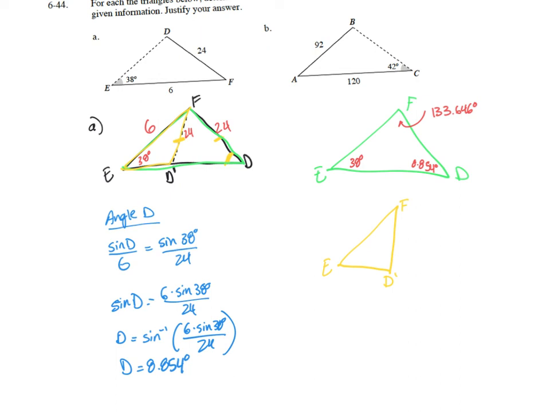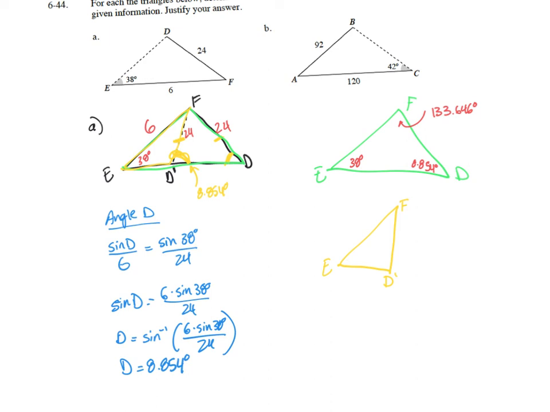No, excuse me, not 38 degrees. But this angle right here is going to be the same as this one over here, because recall that this is an isosceles triangle. So these two angles are going to be the same, which tells me that this angle is going to be 8.854 degrees.